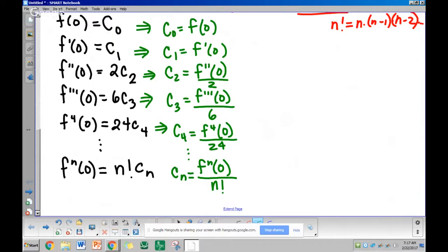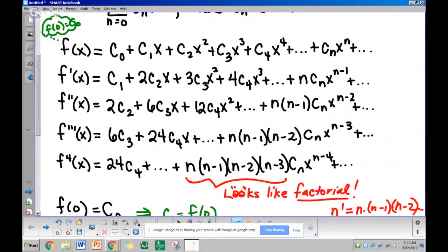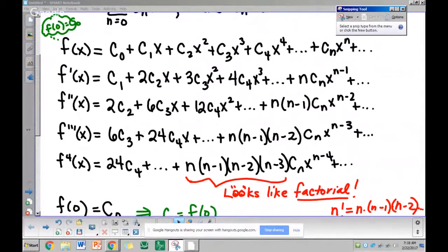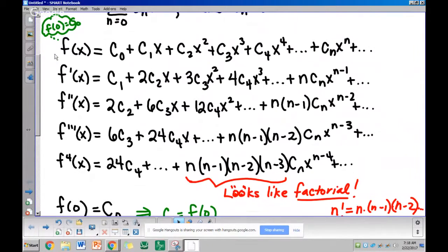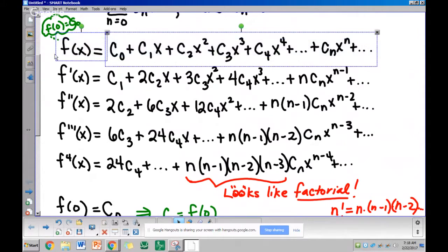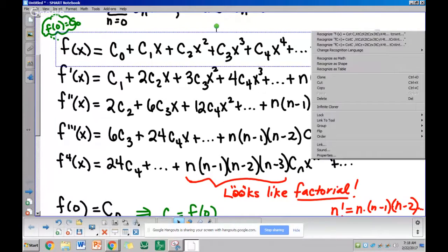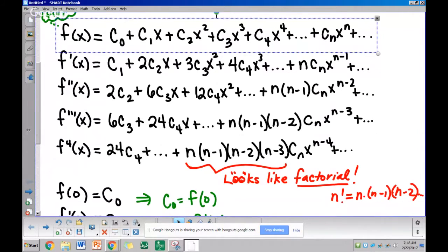So now if we take all of these constants that we found and substitute them back into our initial equation that we expanded for our polynomial, I will rewrite that and bring it down here.